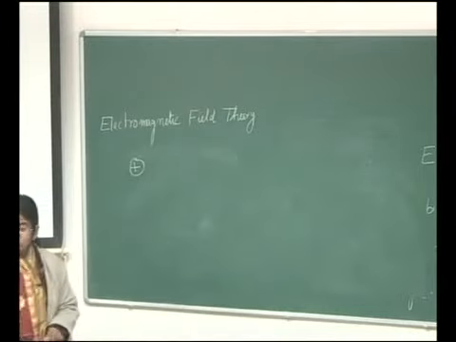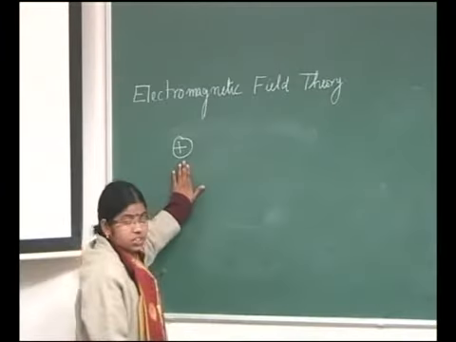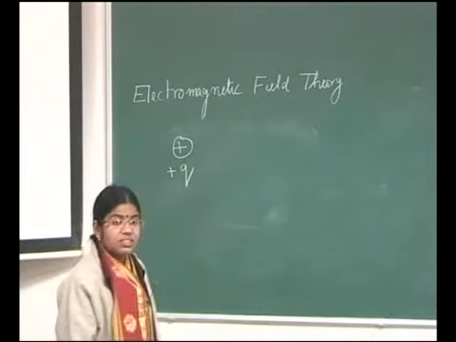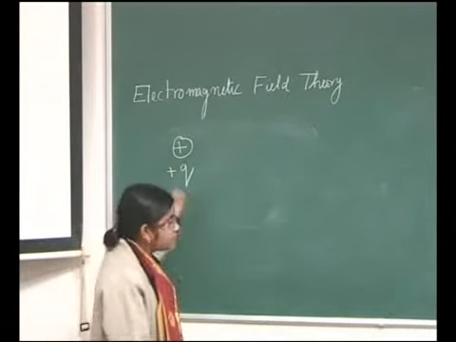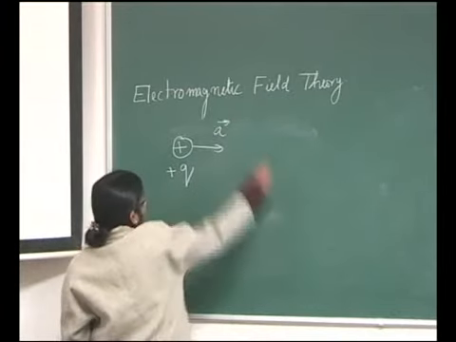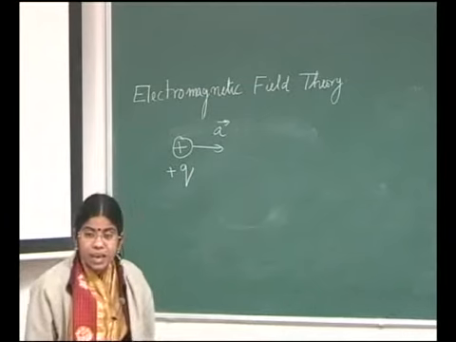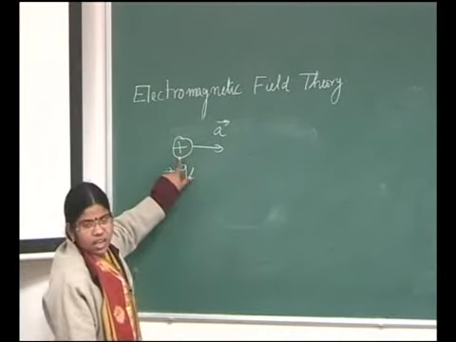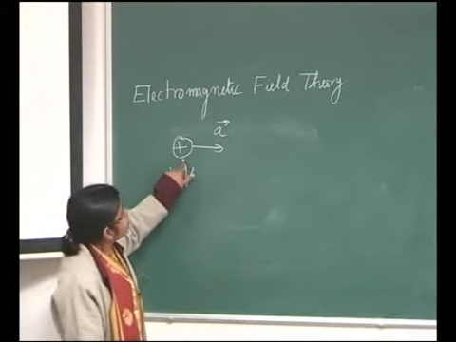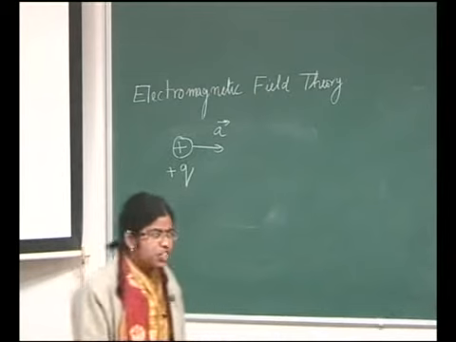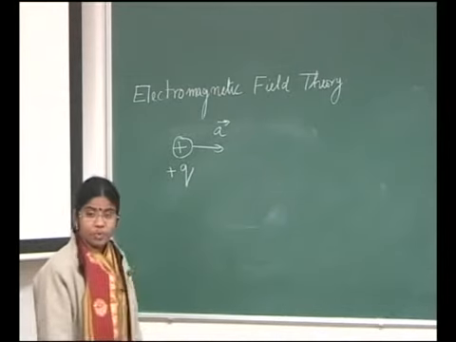When this charge, a plus Q charge I assume, is stationary, it behaves differently, but when it is accelerated, say with some acceleration A, then it behaves differently. An accelerated charge gives rise to electromagnetic fields.